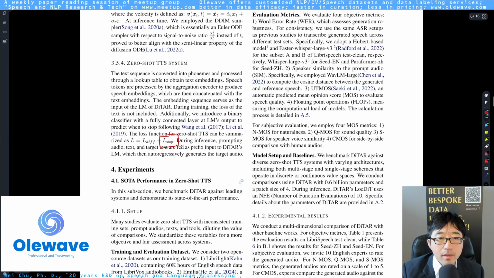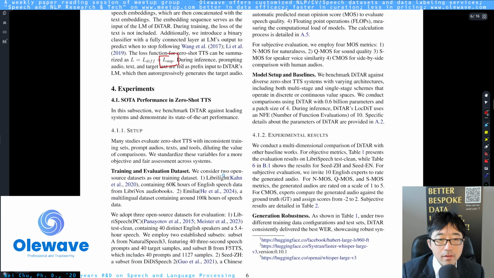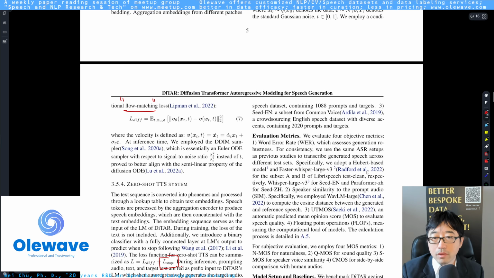Regarding the experiment setup, they didn't use their own data. They're using LibriLight data and Emilia data. And they're also using open source datasets for evaluation, so people can replicate their work or their approach.